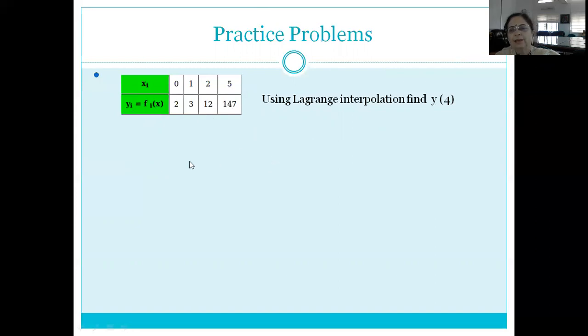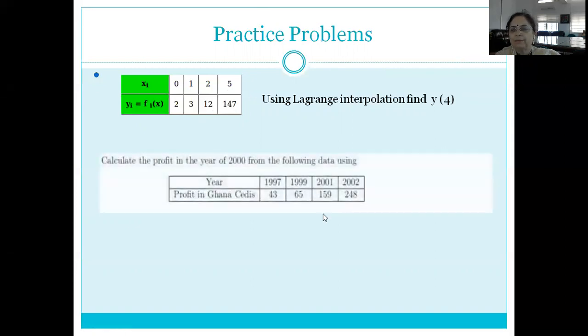So we can try calculating it like this, and you can verify the value of y of 4. y of 4 would be lying somewhere between these two values. We can check that. There are 2 more problems which I have included for practice.